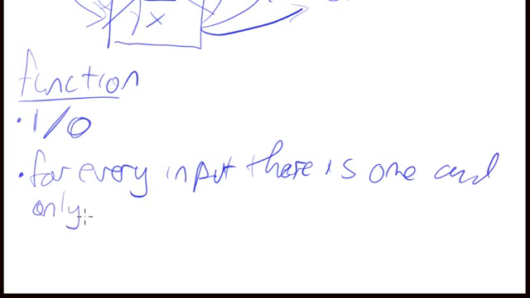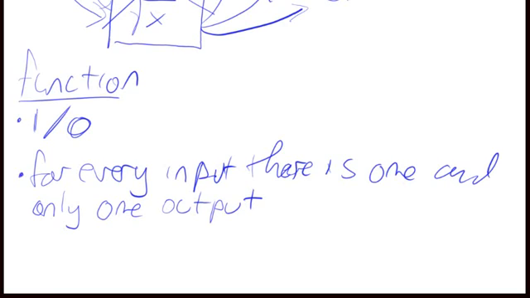Not only is there one, but there is only one output. Okay? So, that's what I want you to start to see. The first thing that I want you to see is that a function is defined as something that has inputs and outputs, and for every input there's one and only one output. That's pretty basic stuff.